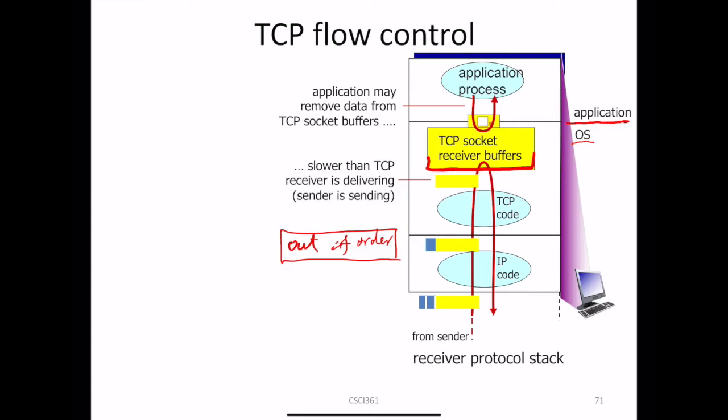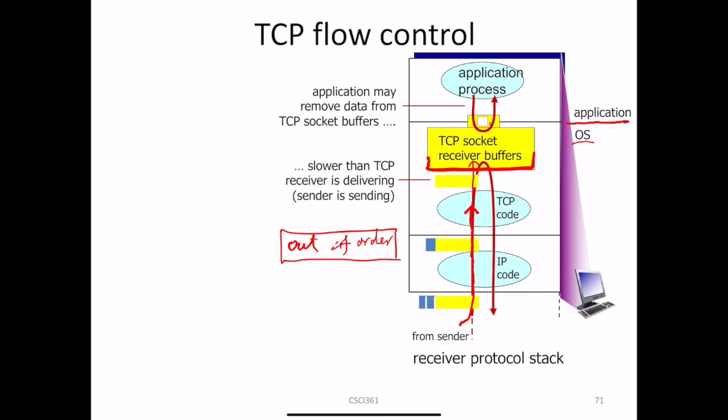And then let's see how it works. Suppose a new segment arrives at this device. It will first go through the network layer and then be delivered to the transport layer. The transport layer will check whether this segment is in order or not. If in order, it will be delivered to the TCP socket receiver buffer directly.